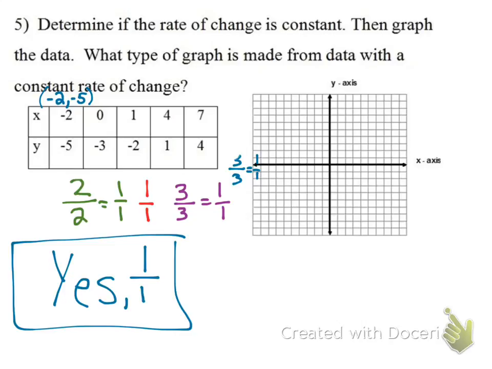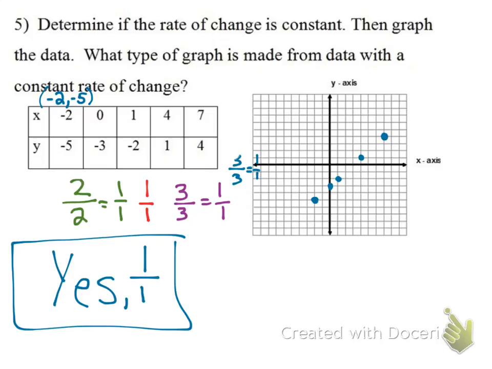So I am going to first graph negative 2, negative 5. Then I'm going to graph 0, negative 3. So side to side 0, down 3. Then I'm going to graph 1, negative 2. So right 1, down 2. Then 4, 1. 1, 2, 3, 4, up 1. And then right 7, up 4.